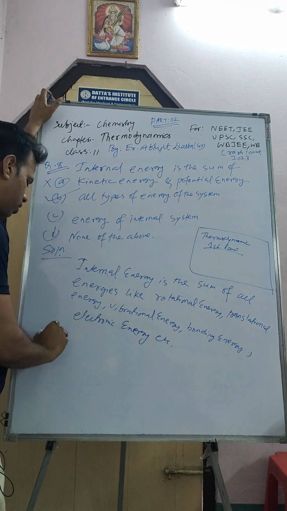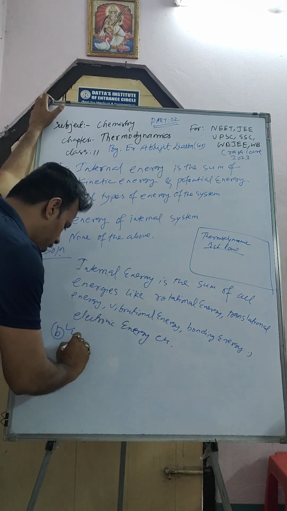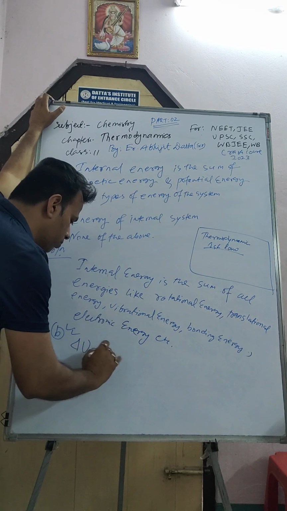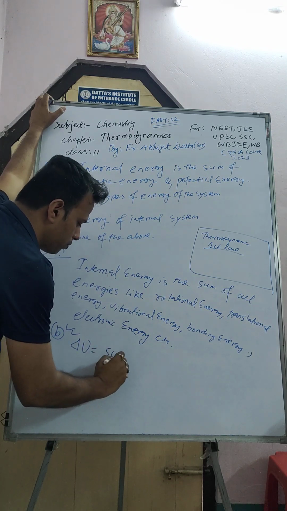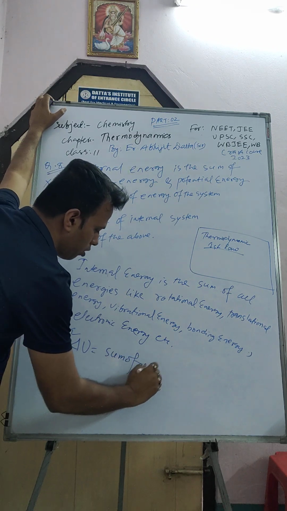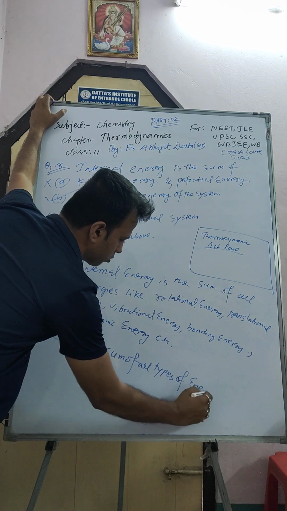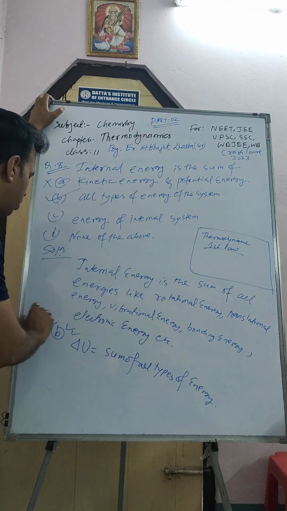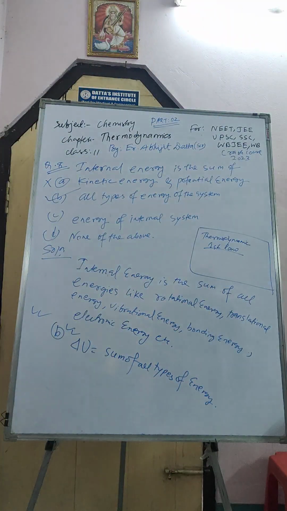So option B is the correct. So internal energy, denoted by dU, is the sum of all types of energy. Okay, got my point? Fine.